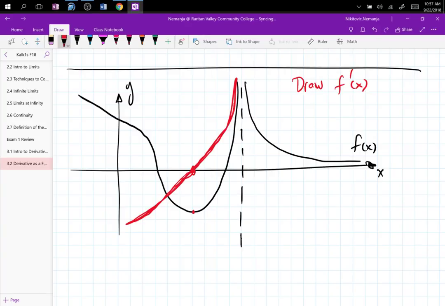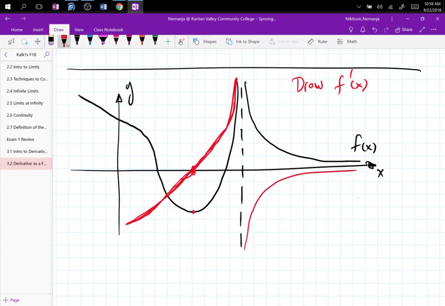So we have this part of the function. The next part is, for me, the most interesting one. And that is no min, no max. Right? No min, no max means no intersections. The function will not be crossing the x-axis because there are no x-intercepts. I can only draw two possibilities here.